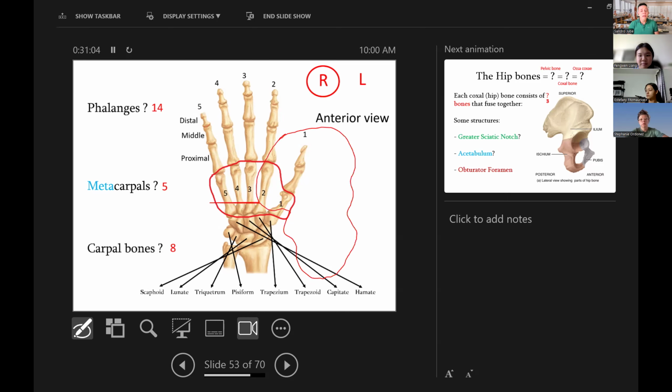Now, as I said earlier, hip bones consist of 3 bones fused together. During the process of evolution, those bones fuse with one another, just like our sacral bones fused for the vertebral column, just like the bones of the coccyx fused during the process of evolution. What are the 3 bones that make up the hip bone?